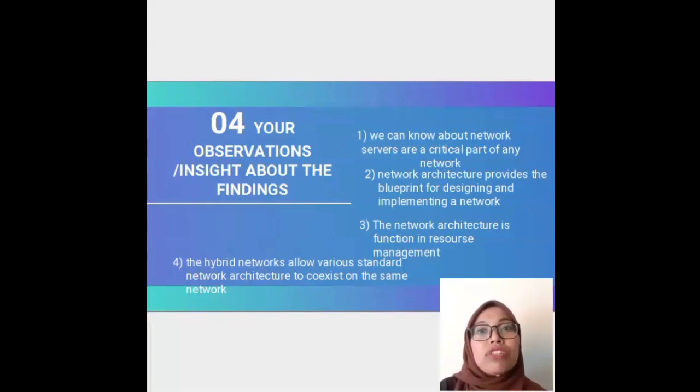The directory service network is built around the object model where everything in the network is an object. Point number 4, the last point. The topic explains the hybrid network, which allows various standard network architectures to coexist on the same network. Hybrid networks include the best of peer-to-peer networks with the performance, security, and reliability of server or directory-based networks.